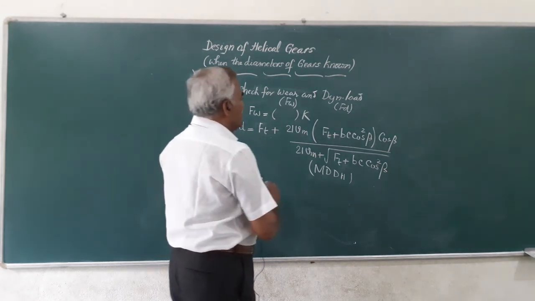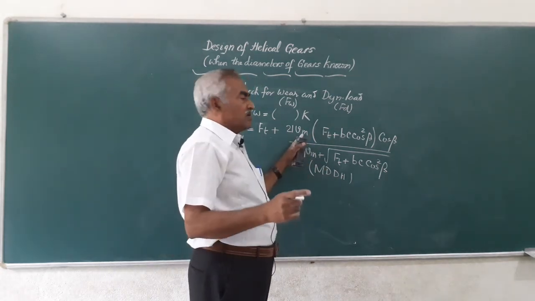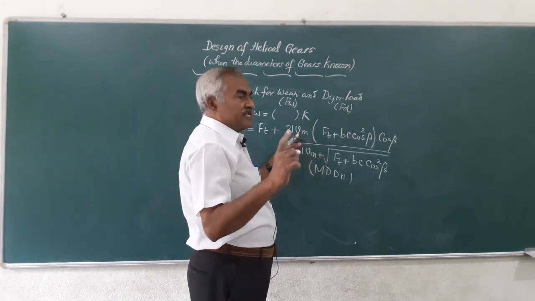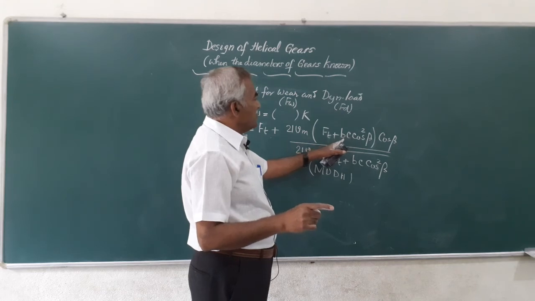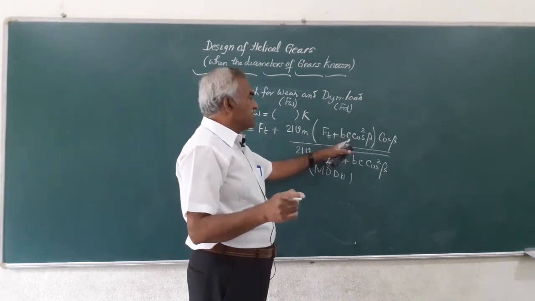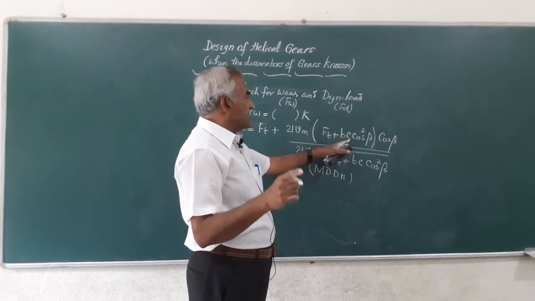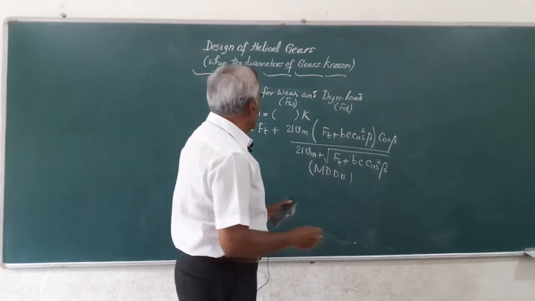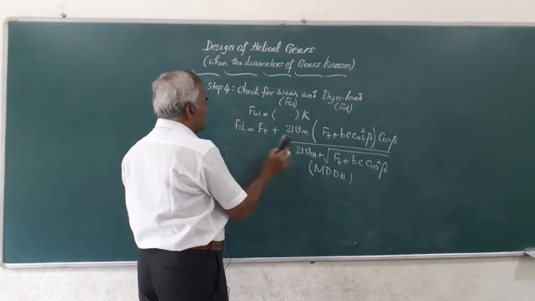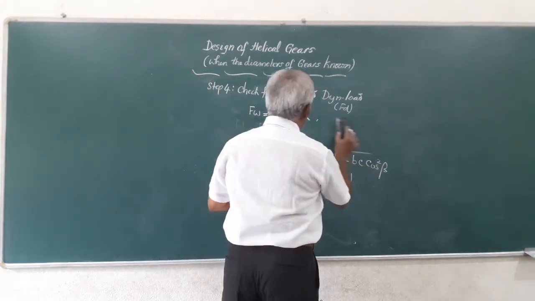And here the velocity Vm we know, that is based on the diameter 80 mm, you will get the value. You know the value of B. C can be obtained from the table based on the error and the material of gear and pinion. Beta we know. So, you will be able to get the complete value of Fd in terms of newtons.